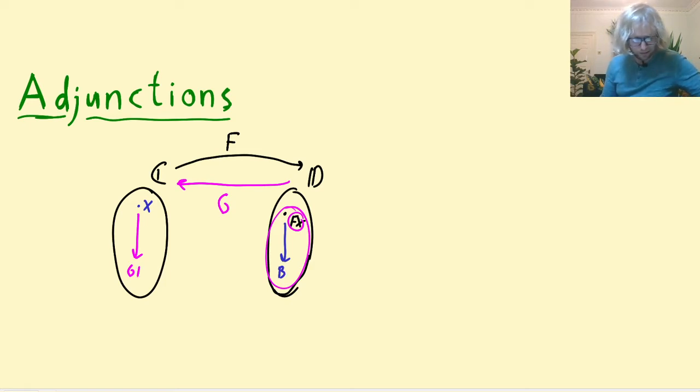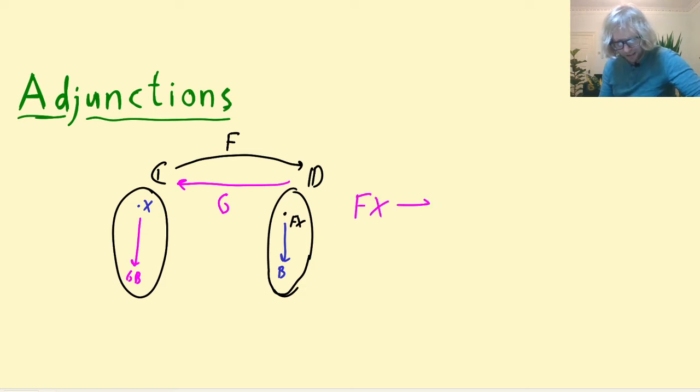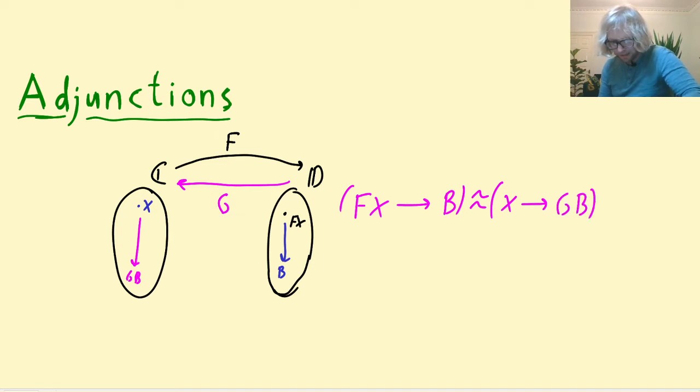So I'm not mapping the whole thing across, I'm just mapping the codomain across, and I get this funny little formula where I'm saying that a function from F of X into B is the same thing as a function from X into G of B, right?